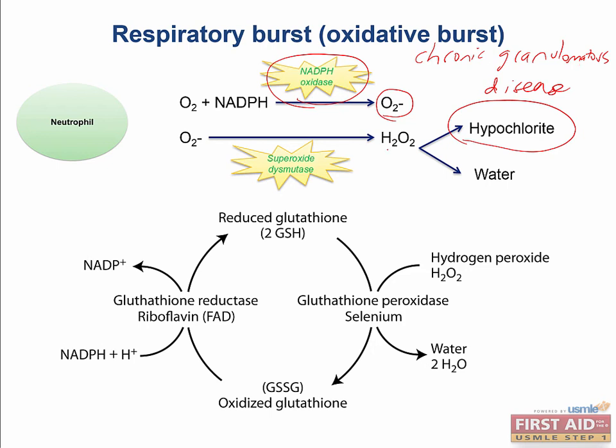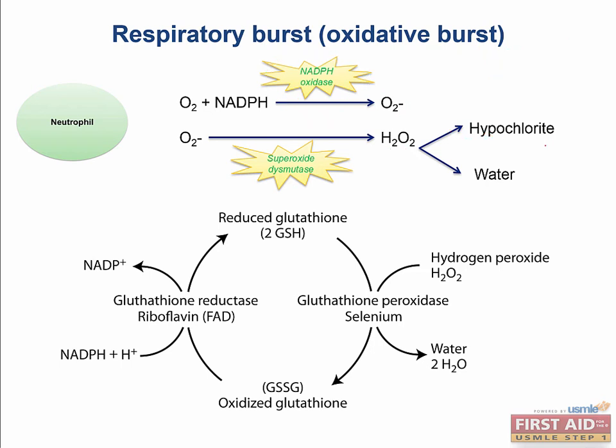And with this very small amount of hydrogen peroxide, the affected individuals can still generate some hypochlorite, potent bleach free radicals that can still kill bacteria. Now, I said most bacteria release peroxide, but some species possess catalase, and this catalase degrades all hydrogen peroxide and prevents these affected individuals from ever generating hypochlorite.